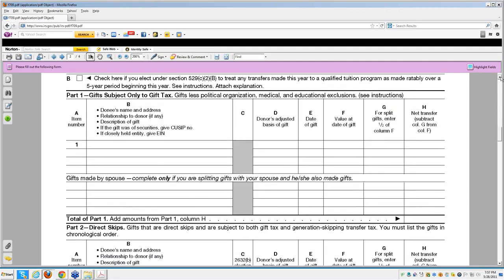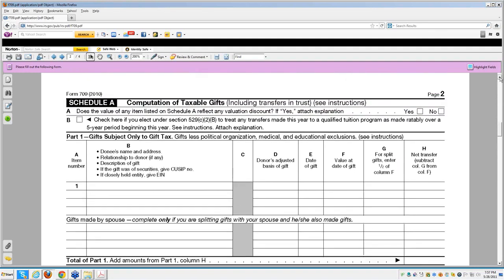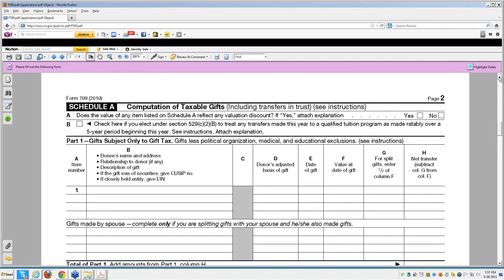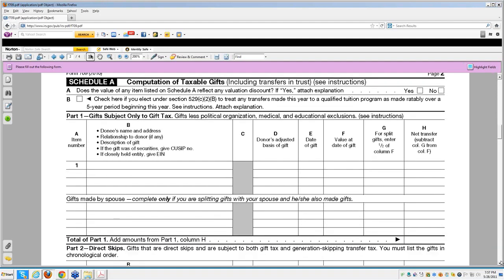Now here's your Schedule A. Put your item number. Donee's name and address. That would be the lender. Lender first? Yeah.